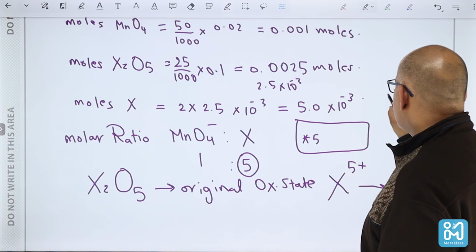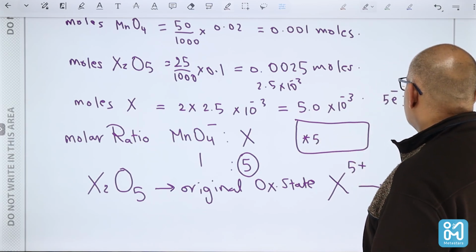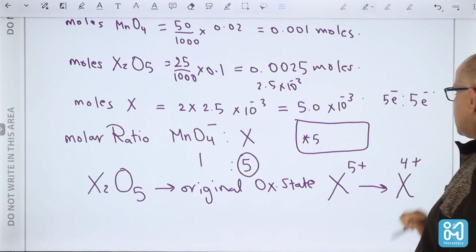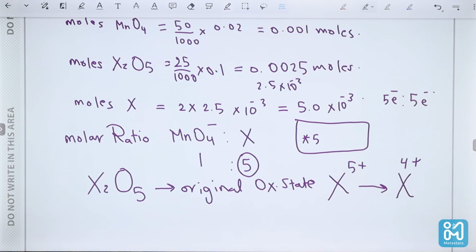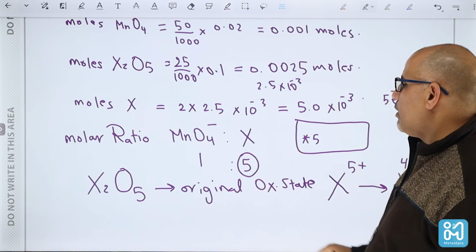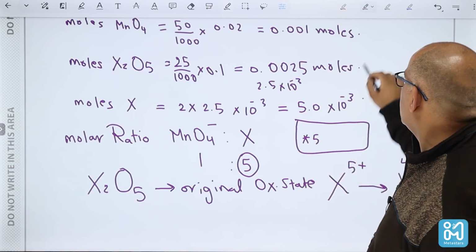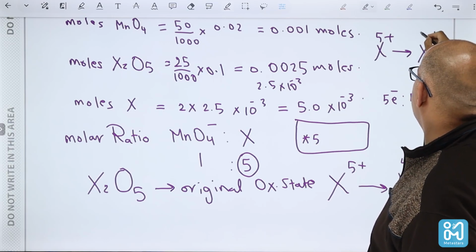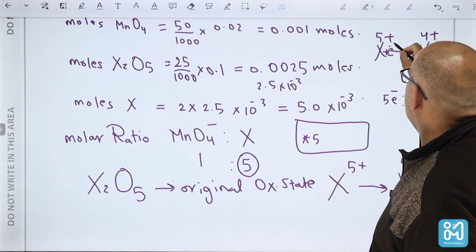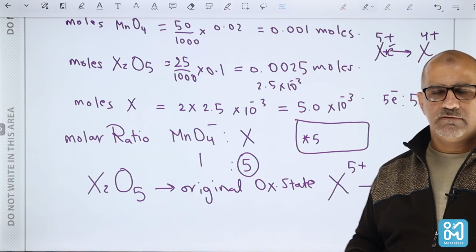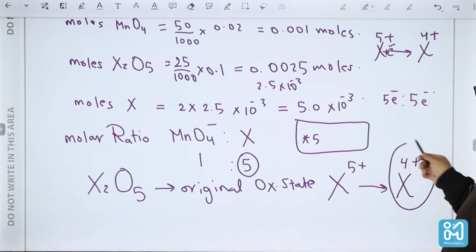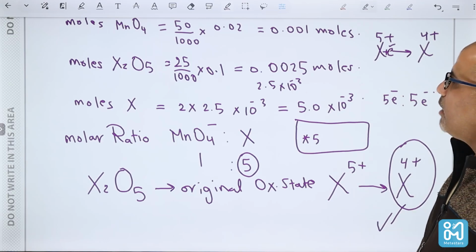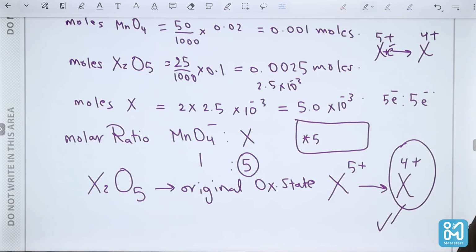To make the ratio 5 electrons to 5 electrons, this means that only X5 was changed to X4, plus 1 electron. So 1 electron was added, so the oxidation state is X positive 4 after the reduction takes place.